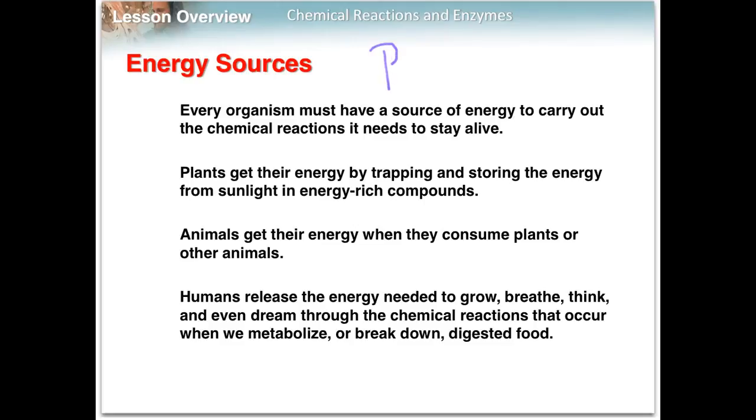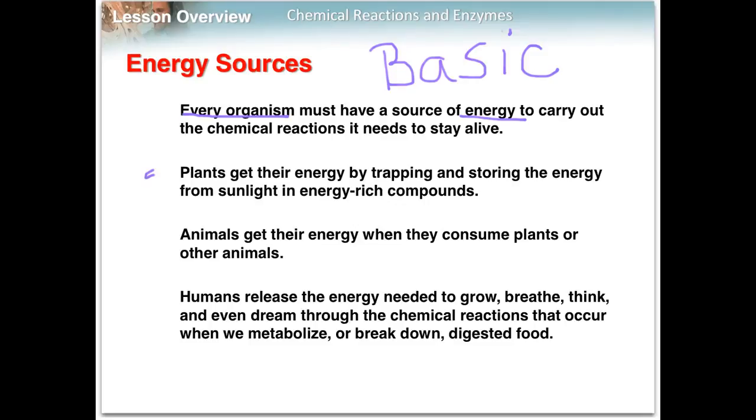These points are actually some more basic ideas to keep in mind about chemical reactions in living things. First, every organism, whether it's you or a bacteria, has to have a source of energy in order to carry out chemical reactions to stay alive.